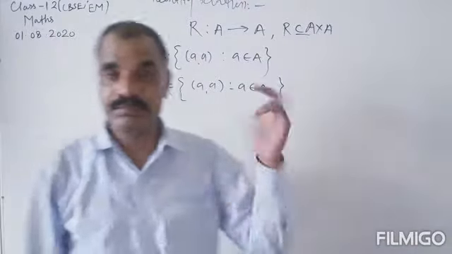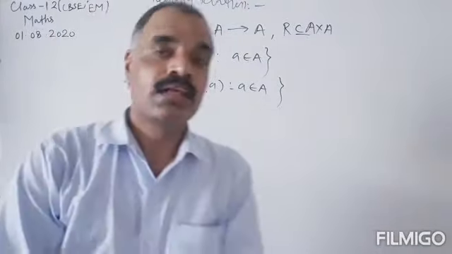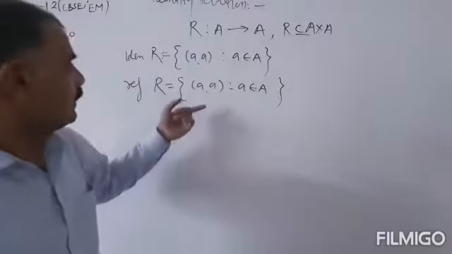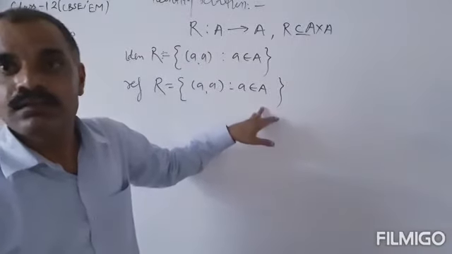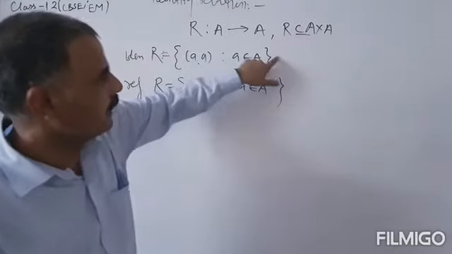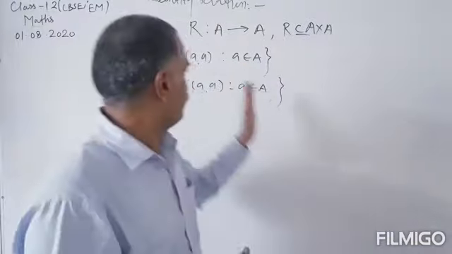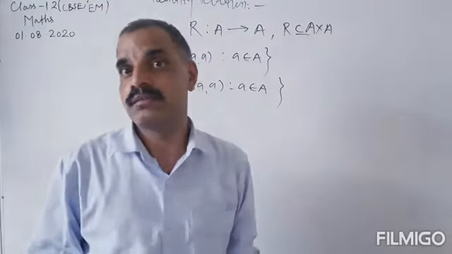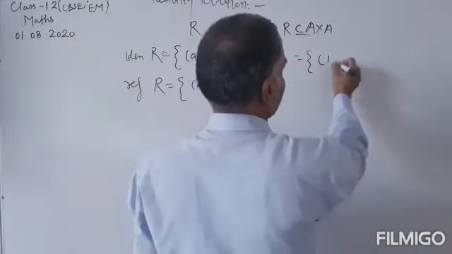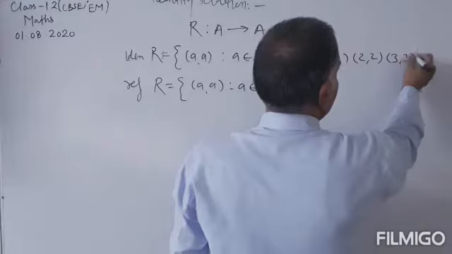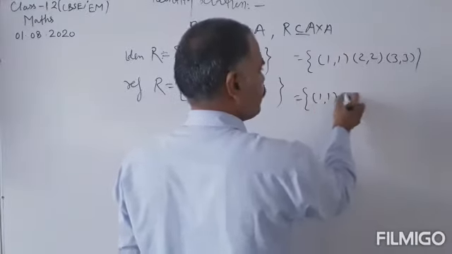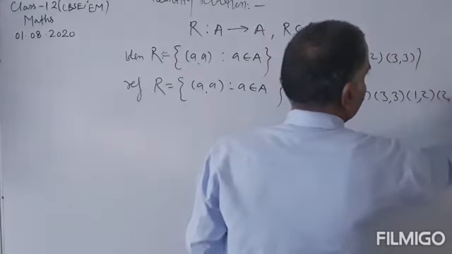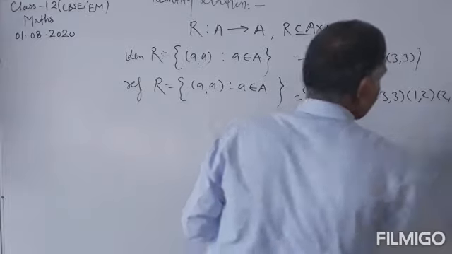But what is the difference between identity relation and reflexive relation? The identity relation is reflexive, but a reflexive relation may not be identity, since identity contains only elements like (1,1), (2,2), (3,3). A reflexive relation contains the elements (1,1), (2,2), (3,3) but may also contain elements like (1,2), (2,1), (1,3), (3,1).